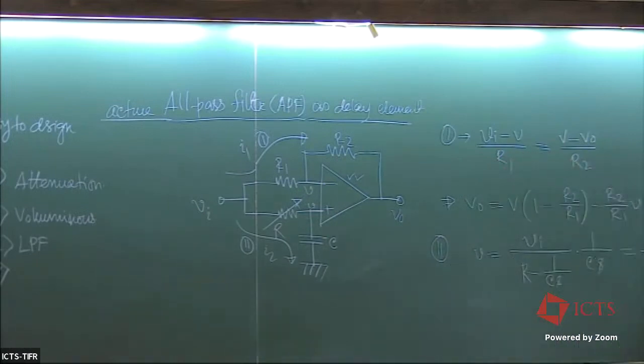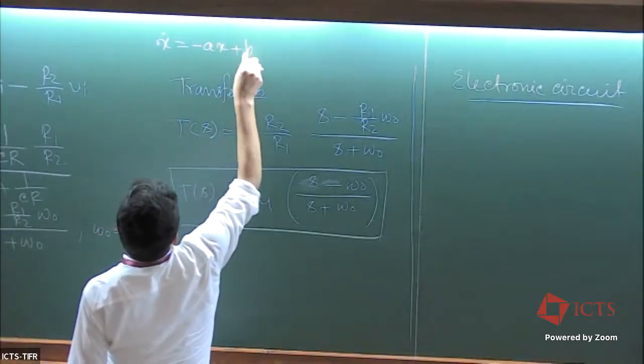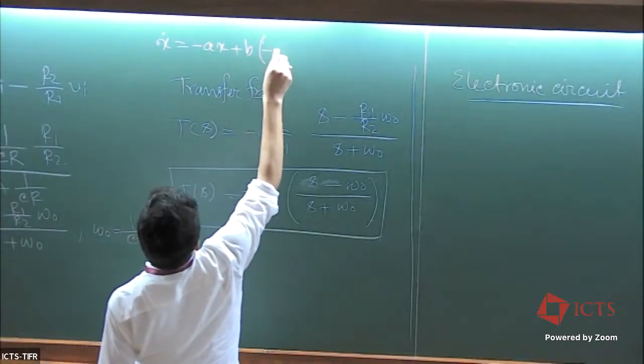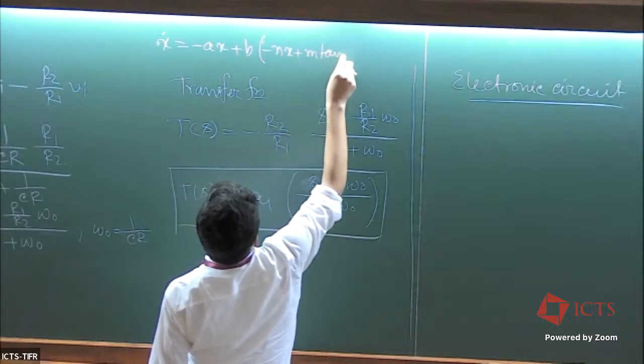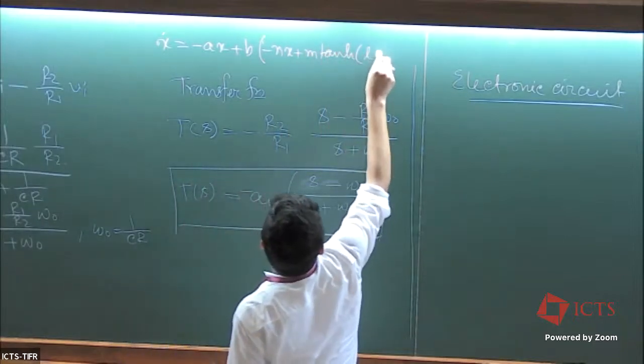So equipped with this, we can consider the electronic circuit idea. So what was our equation? x dot is equal to minus Ax plus B f(x), meaning minus Nx plus M tan hyperbolic Lx.